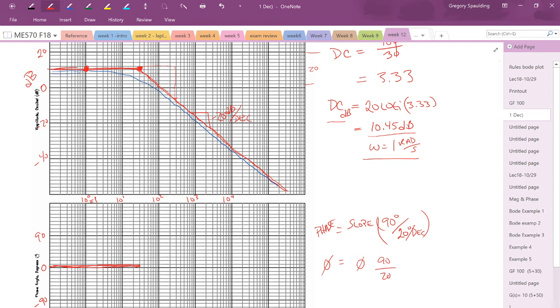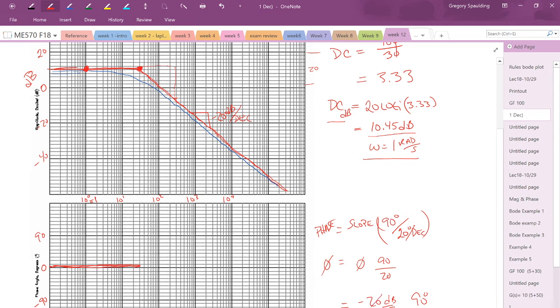Now, past 30, we have a minus 20 dB per decade slope, and so we put that in our equation, minus 20 dB per decade times 90 degrees divided by 20 dB per decade.